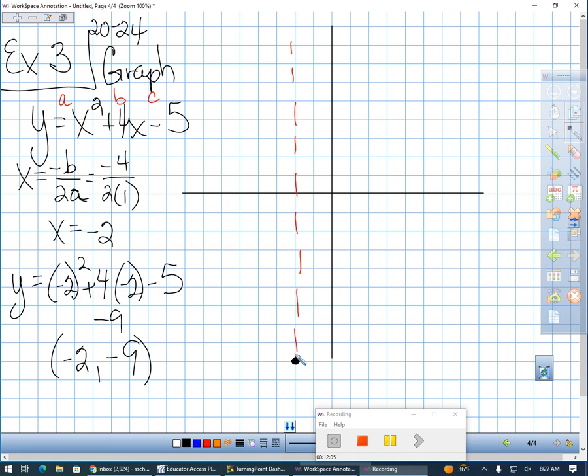Step 3 said to choose 2 points to either the right or the left to plug in. The 2 points I'm going to choose and make a little table over here. I'm going to choose the direction of the y-axis. So I'm going to choose negative 1, and I'm going to choose 0. So I'm going to plug negative 1 into this equation.